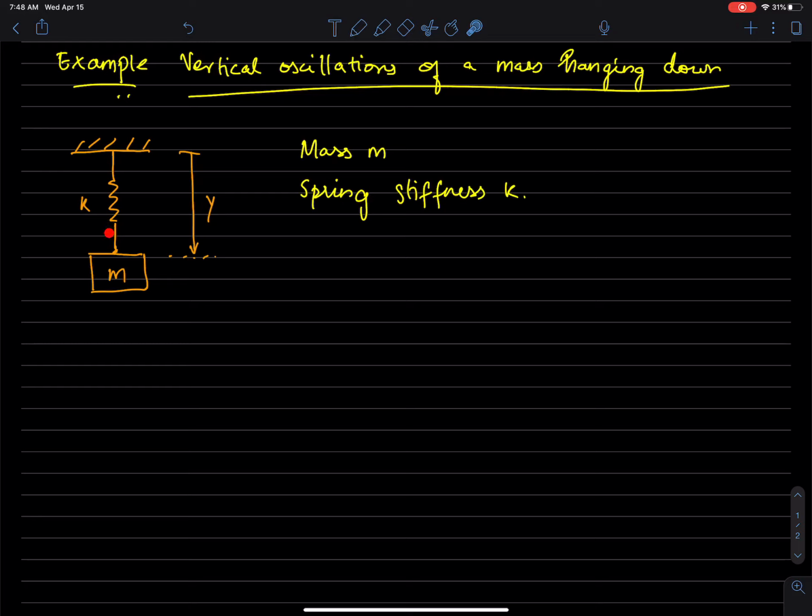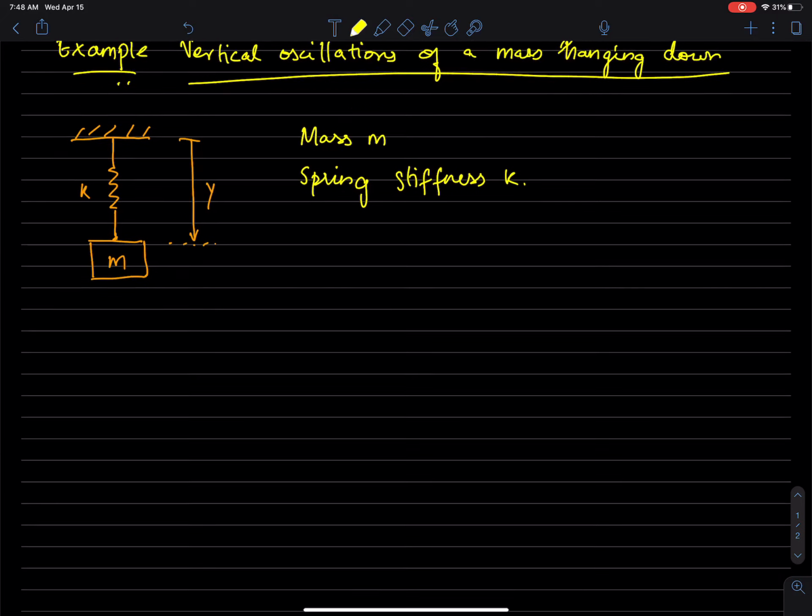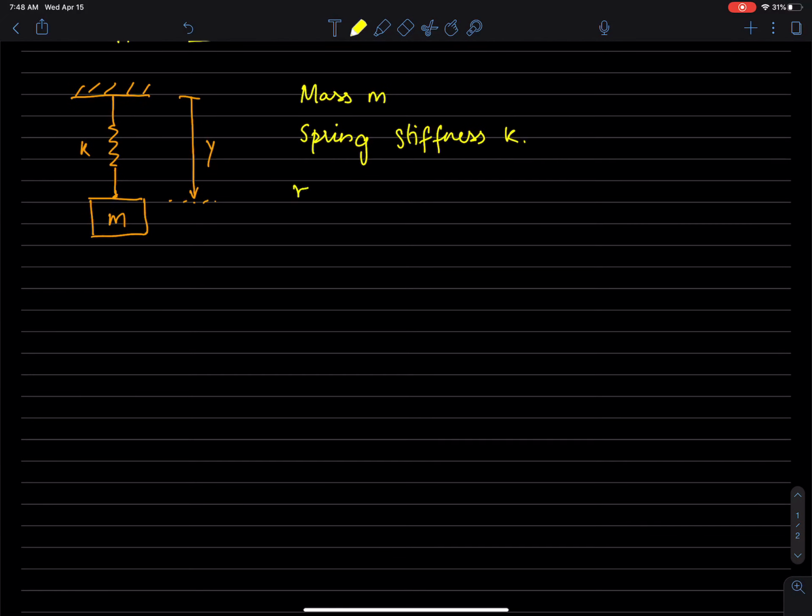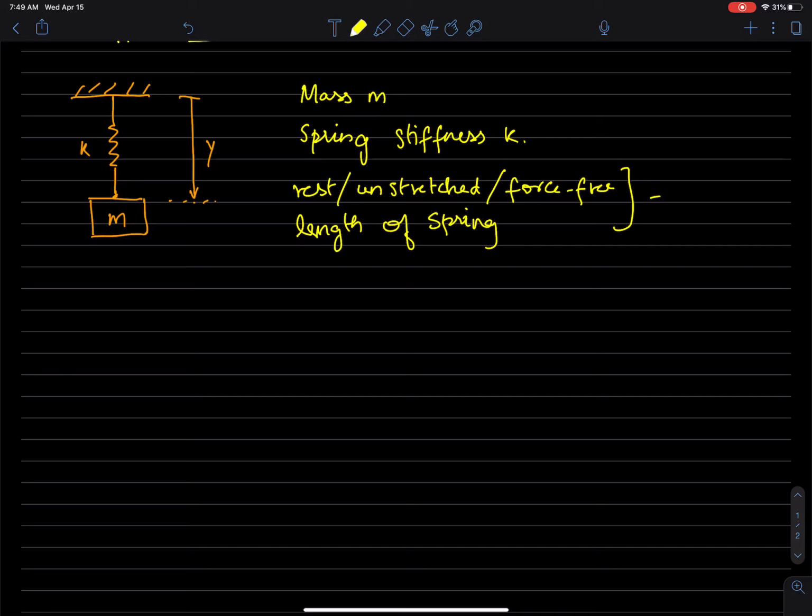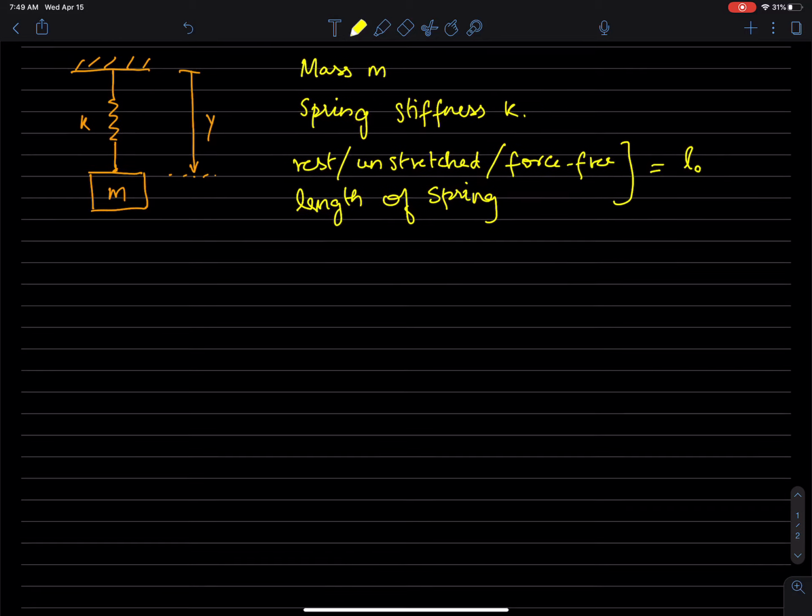And let's say the rest length, or the unstretched length, or force-free spring length of the spring, is equal to L naught, okay?